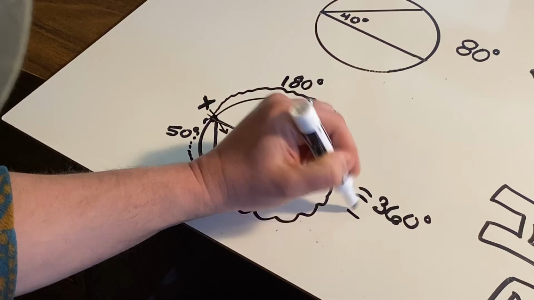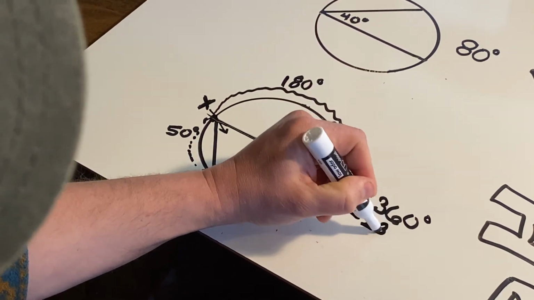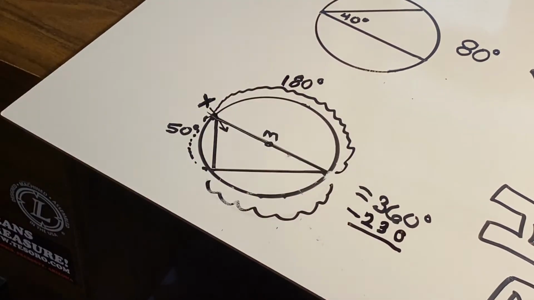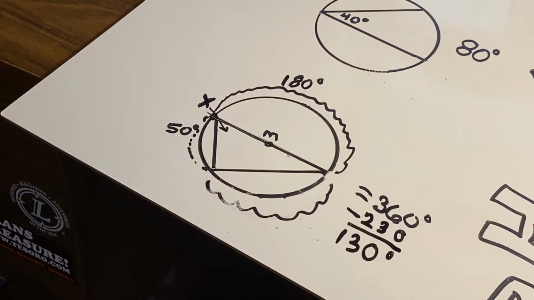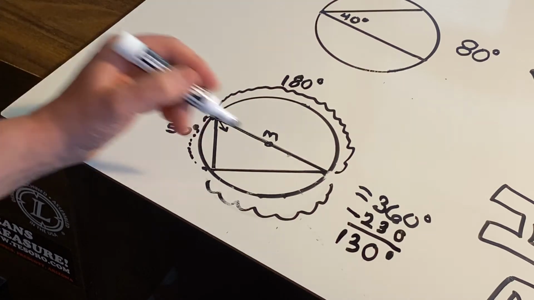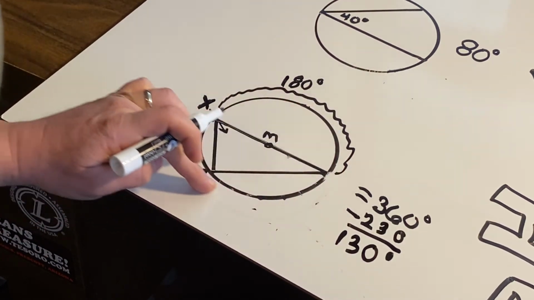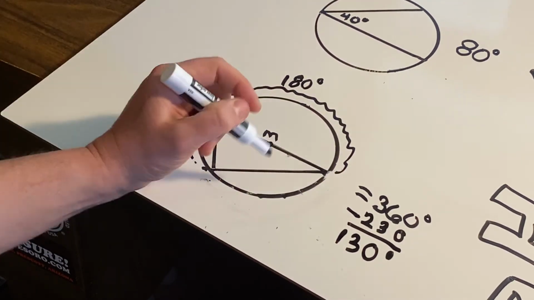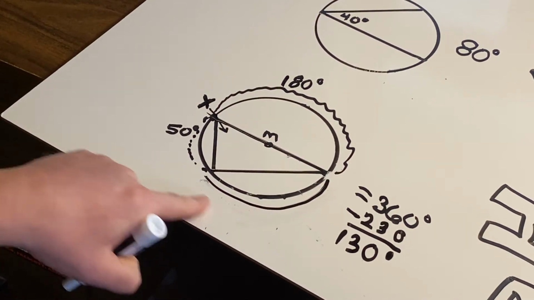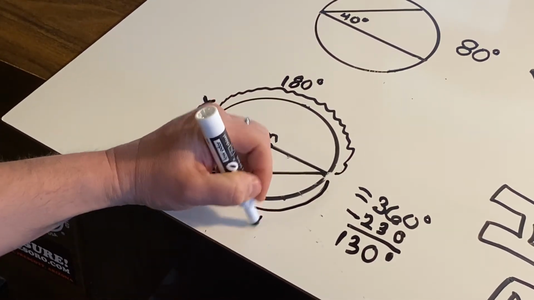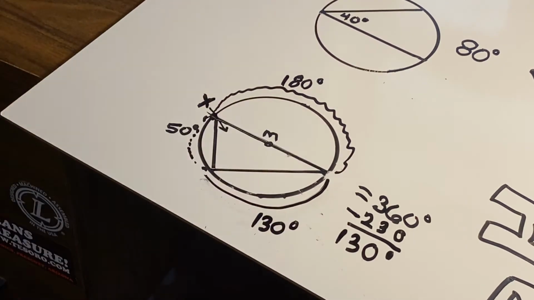So if you subtract 230 from 360, this gives us a measurement of 130 degrees. So the arc measurement of this section of our circle is 130 degrees.